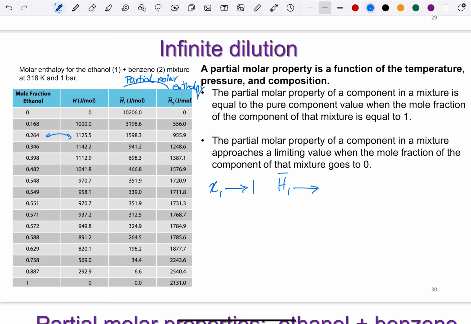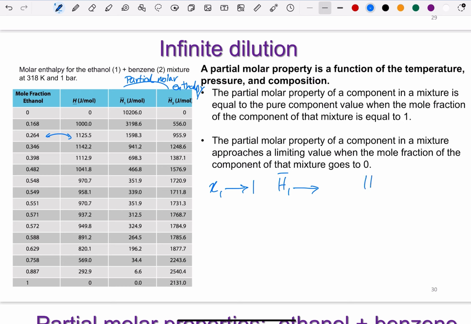H1 bar should approach what? What do you think? It'll approach H. Okay, good.